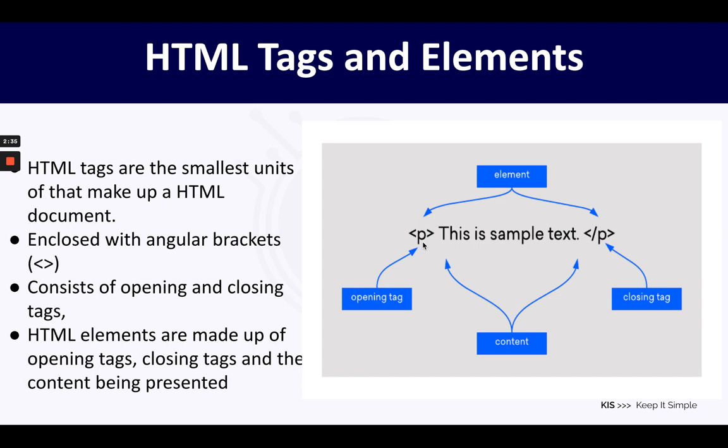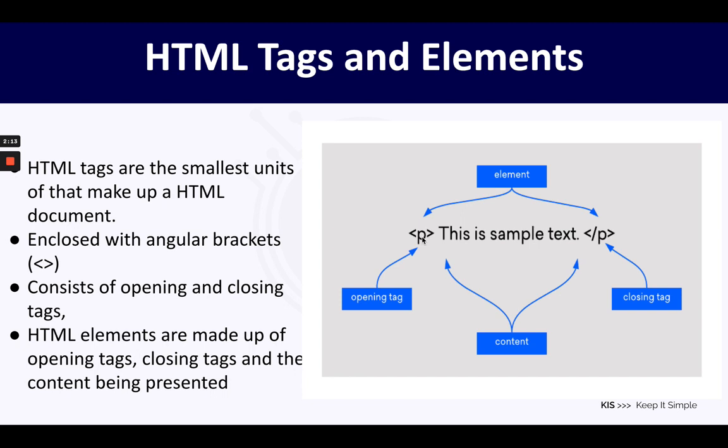You use tags to define the boundaries of an element. It also contains the tag name, which identifies that tag in the browser and determines how the browser presents the content inside it. So for instance, P is actually a paragraph tag.